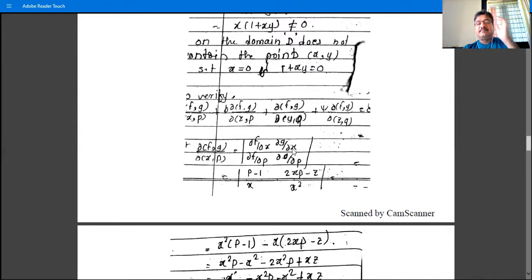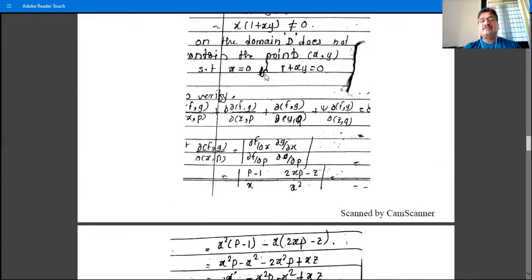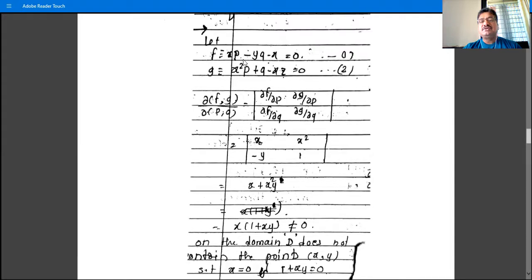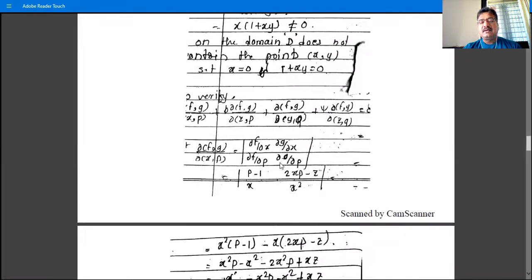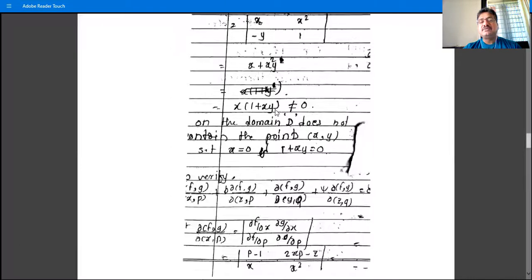Write this Jacobian as ∂f/∂x, ∂f/∂p as the first row, and ∂g/∂x, ∂g/∂p as the second row. Then ∂f/∂x is p minus 1, and ∂f/∂p is x. The x derivative of the second term is minus 1.